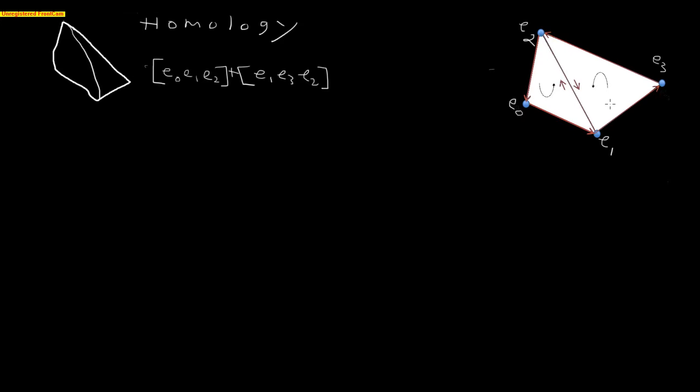Now a key operator here is that of a boundary, an algebraic operator, which we show with delta. And so let's just look at what the boundary operator does algebraically to a triangle.